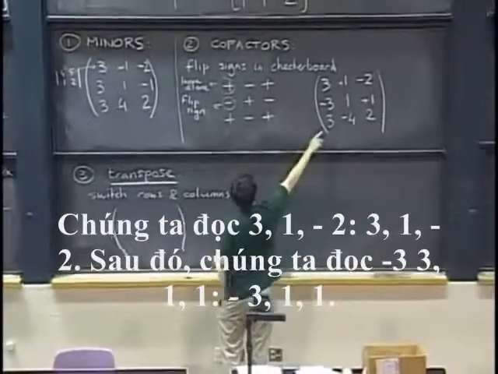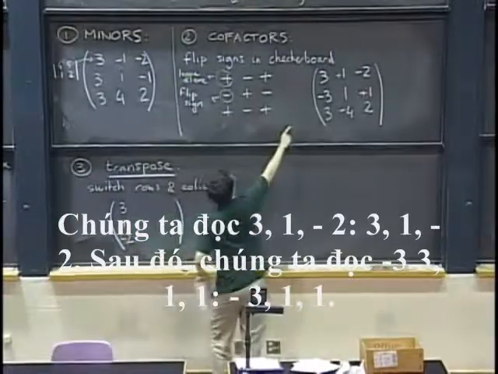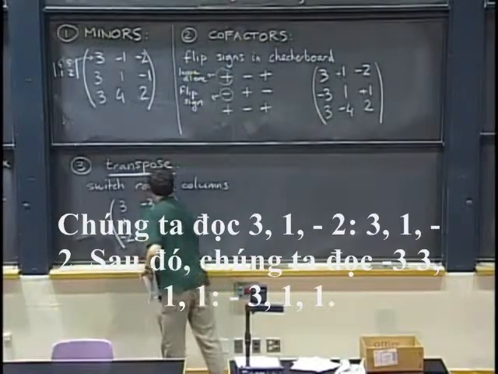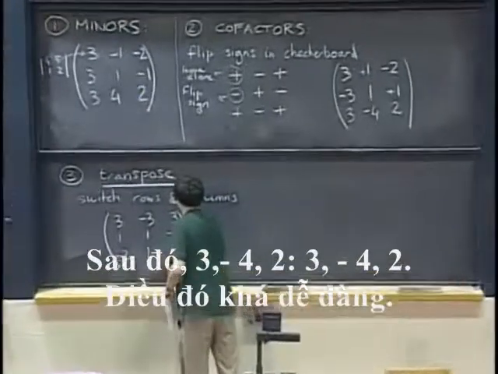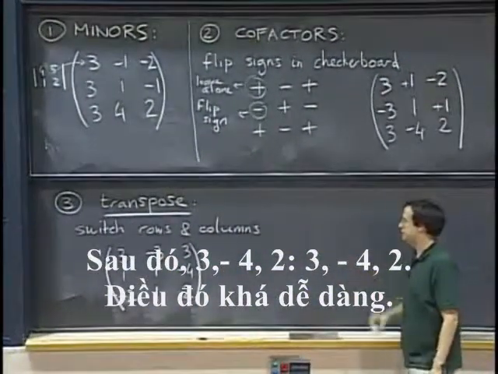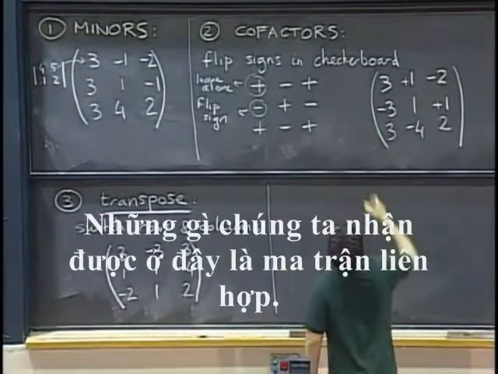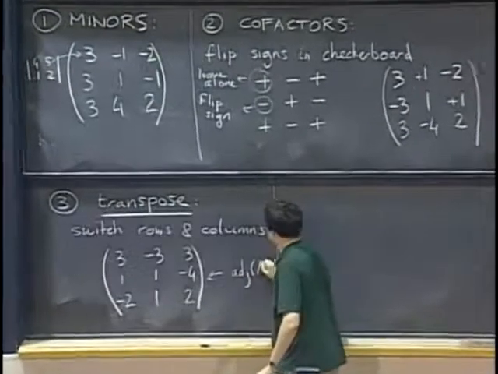We read 3, 1, minus 2. Then we read minus 3, 1, 1. Then 3, minus 4, 2. That's pretty easy. And this is the adjoint matrix.